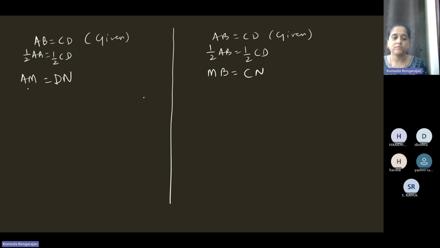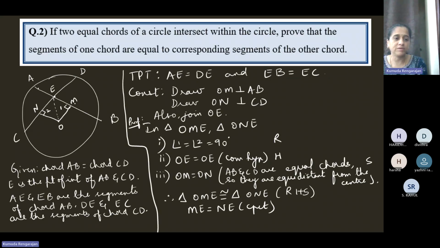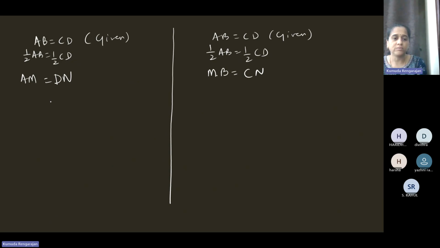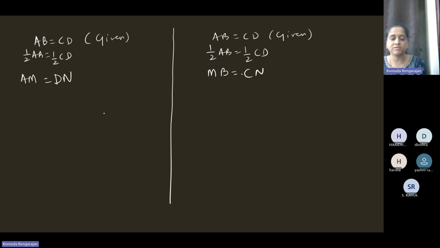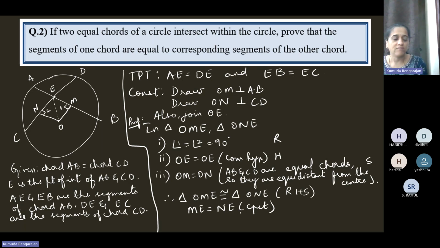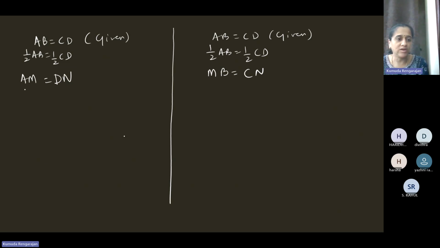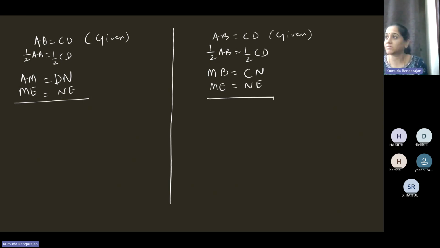So here we have AM equal to DN, and MB is equal to CN. Now we have a CPCT result, ME is equal to NE. ME is on AB, so write it carefully. In one place you should add, in the other you should subtract.